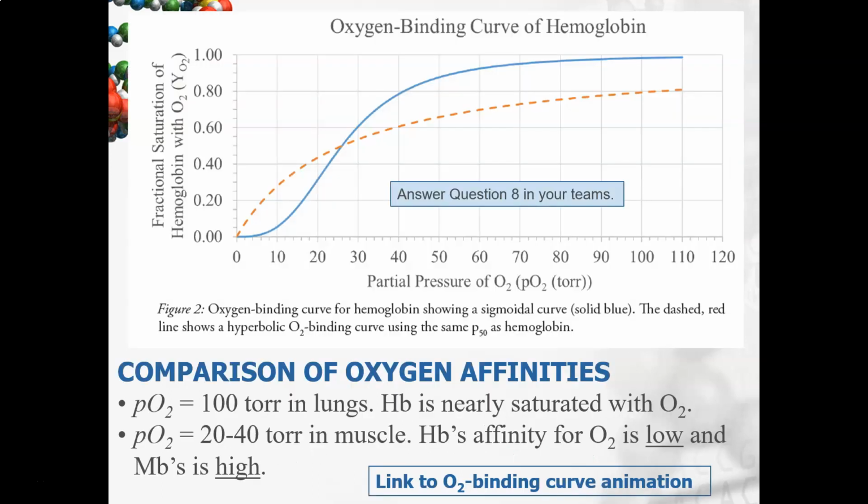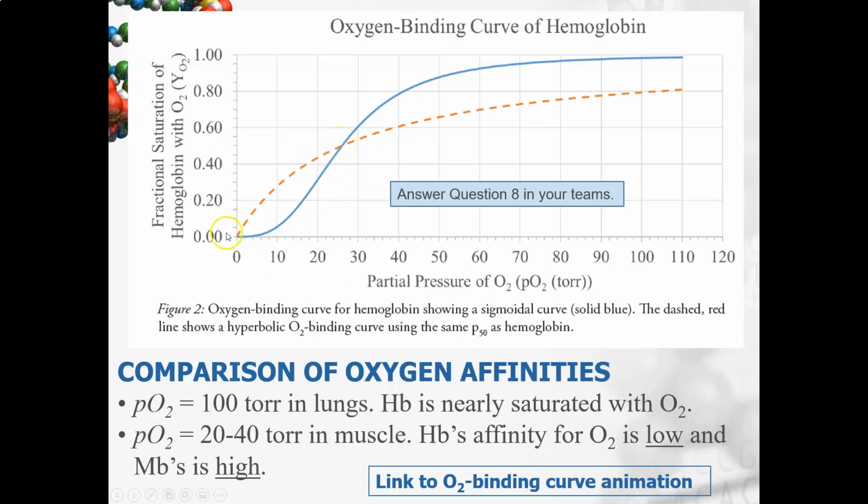So this is the oxygen binding curve that's shown in our case study. If you look at the sigmoidal curve right here that's in blue and compare it to another protein that has the same P50, so if you draw a line over and draw a line down, it has the same P50.